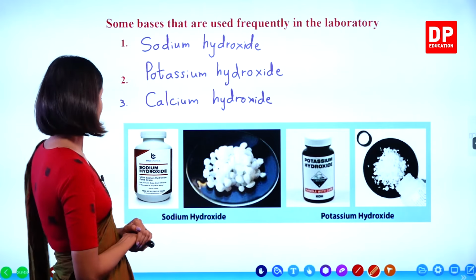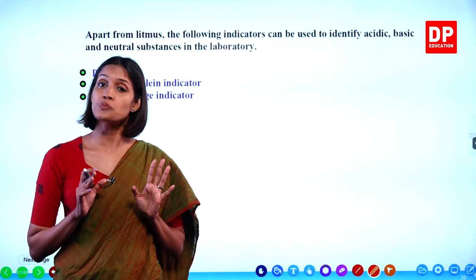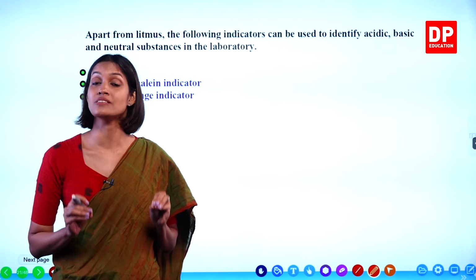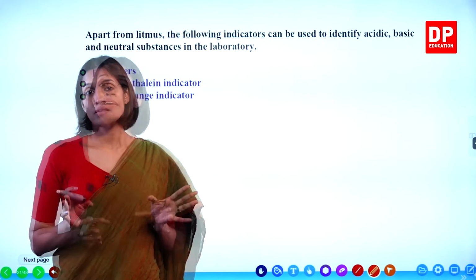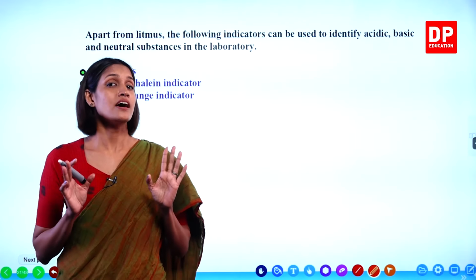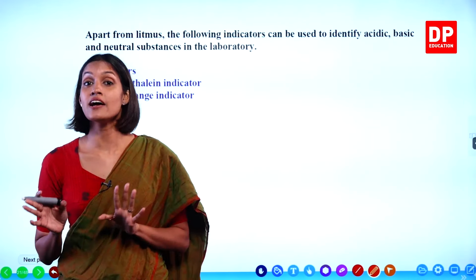Okay, right. So we learned about some natural indicators and we even learned how to prepare these natural indicators, and we did an experiment using them. And when I was explaining about natural indicators, I explained that apart from natural indicators, there are other indicators we can use in the lab as well.